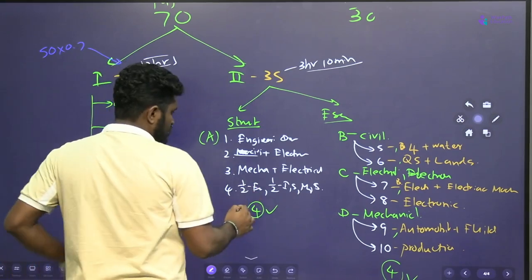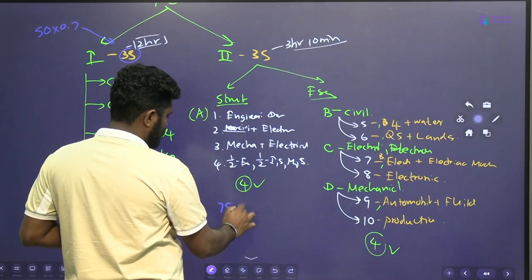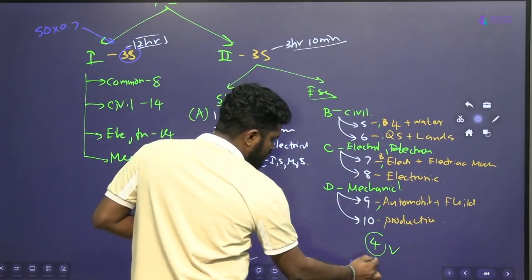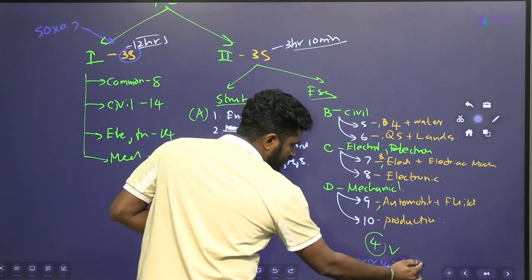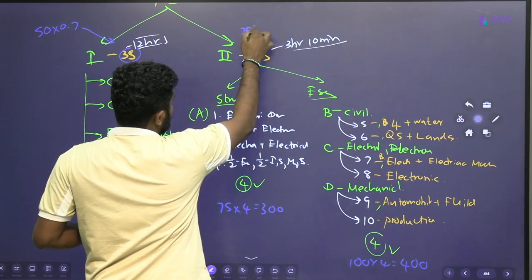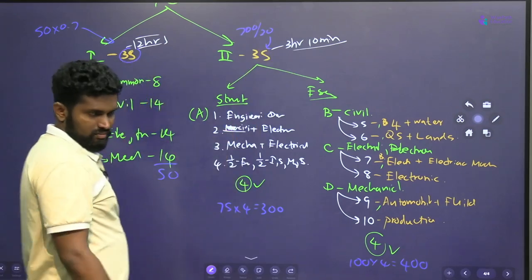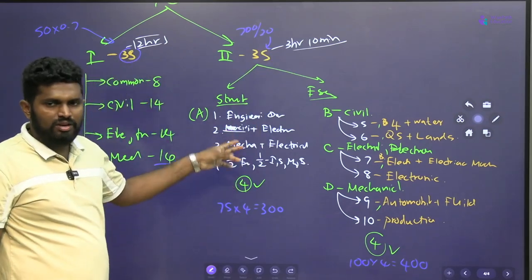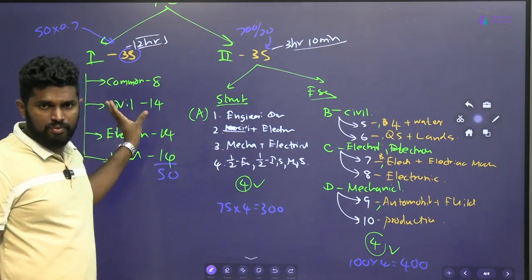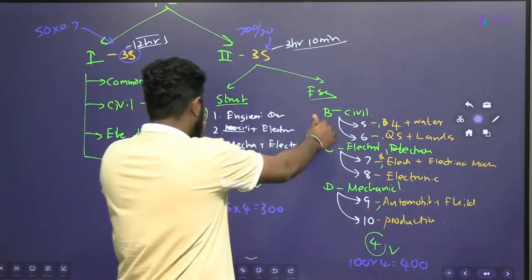Here they are giving the structured marks like this: 75 into 4 is 300, 100 into 4 is 400, 400 plus 300 is 700, 700 divided by 20 is 35. This is not reduced like this in SFT and IT; only in ET it is reduced like this. In one question, you get about 5 marks.